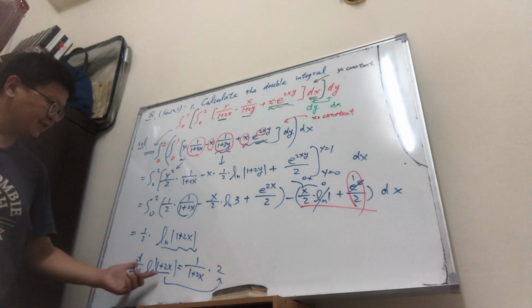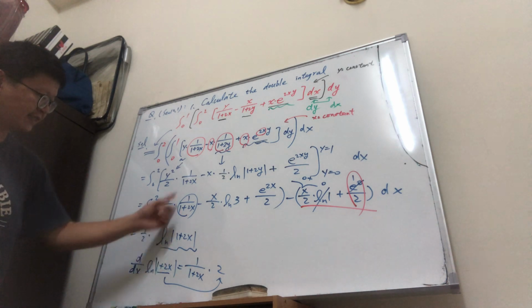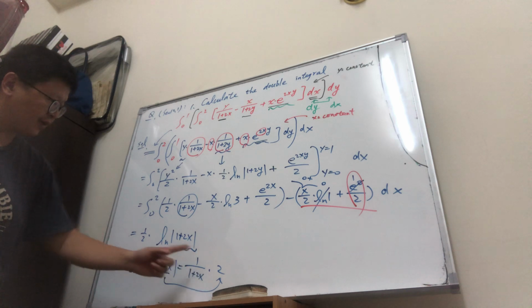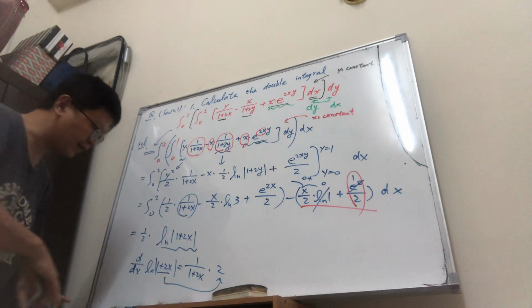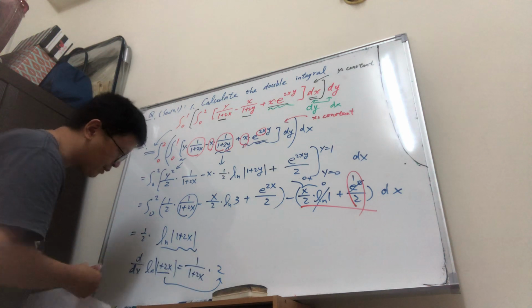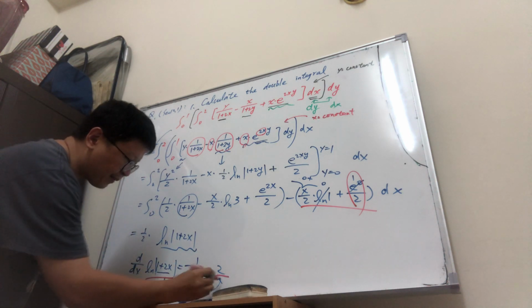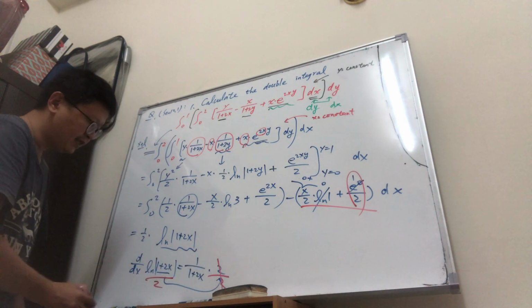So when you consider natural log, its derivative is this guy multiplied by 2. So in other words, for this one's integral, we should divide by 2 on both sides. Divide by 2, then we cancel it.